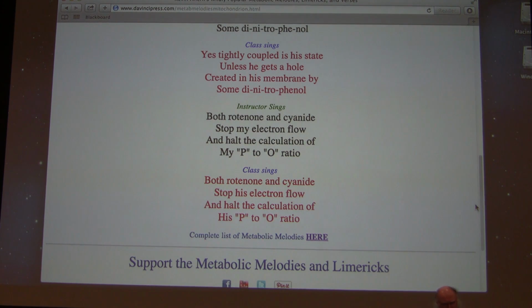Rotenone and cyanide stop my electron flow and halt the calculation of my P/O ratio.